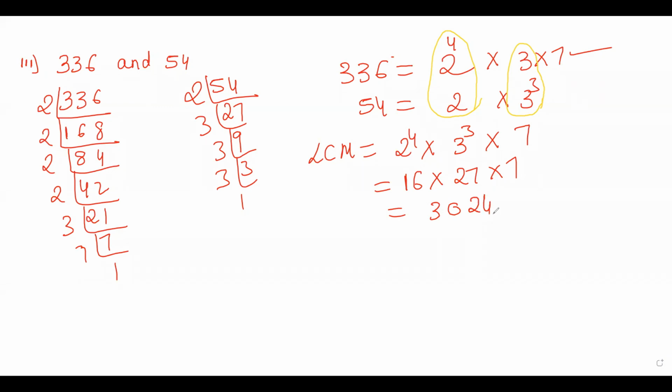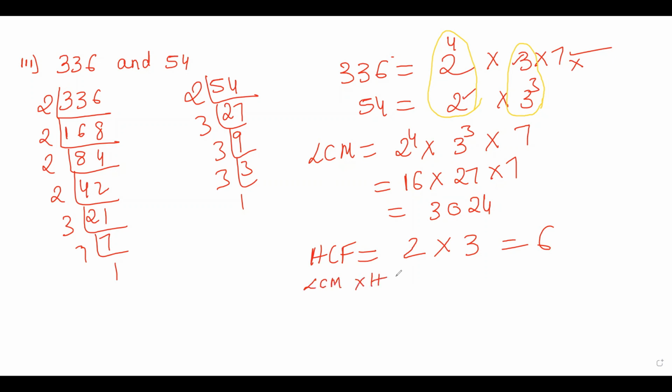Is that okay? HCF: out of these two common factors, you will be taking the smaller one. And here this is the smaller factor. You cannot take the uncommon factor in HCF. HCF is 6.